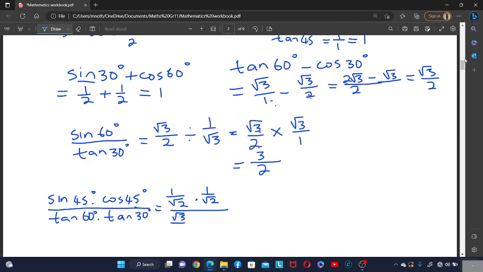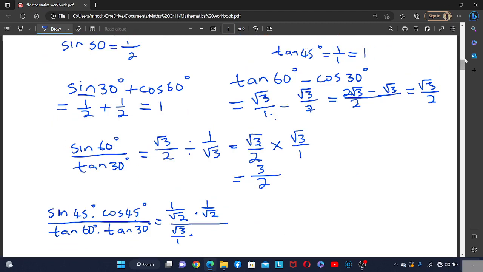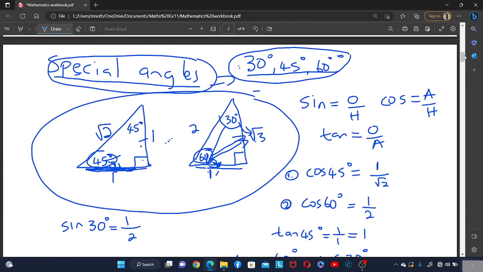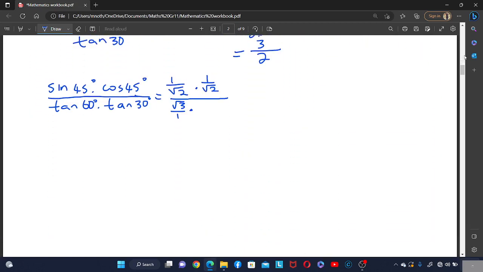And then tan 30, according to this, the opposite side is 1, and the adjacent side is root 3. So we're going to have 1 over root 3.